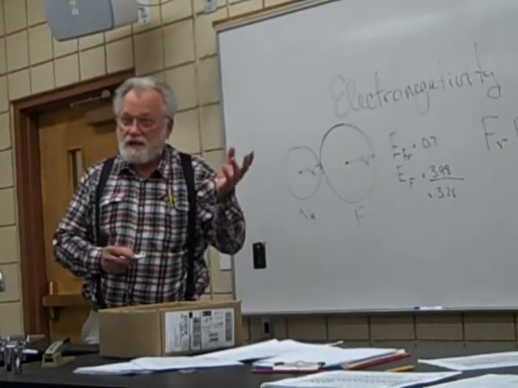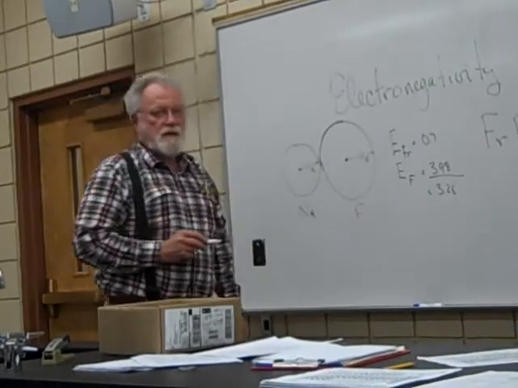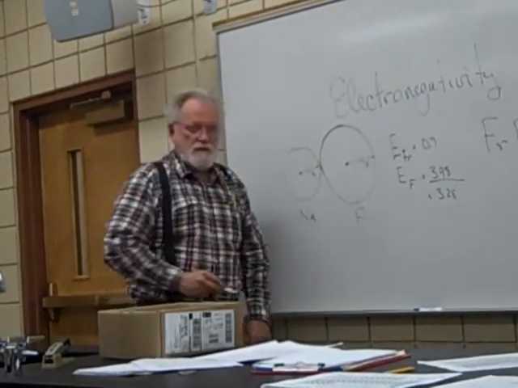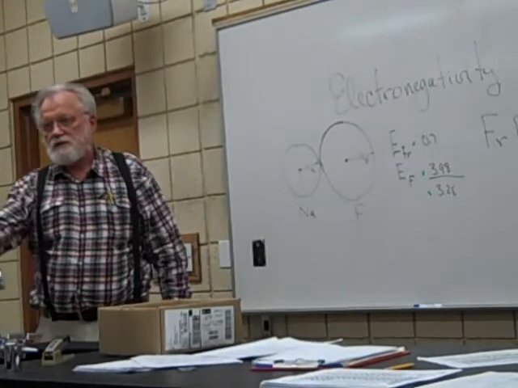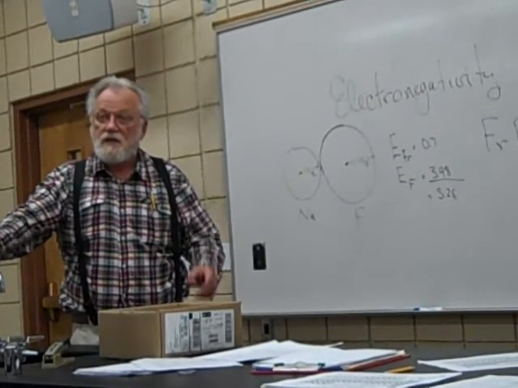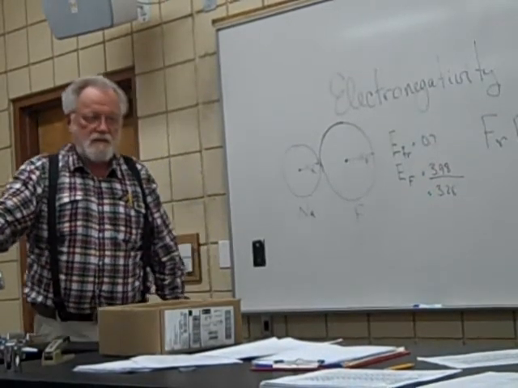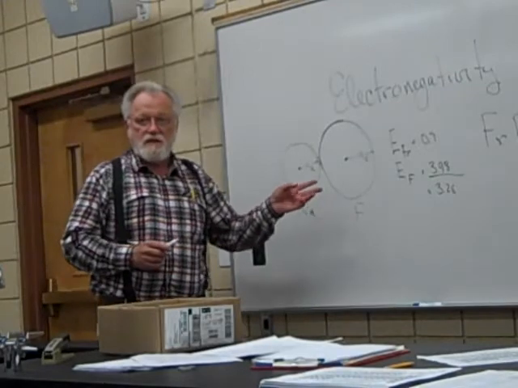That is to say, each radius. But when you have a large radius and a small radius, like a nonmetal and a metal, in the case of fluorine and sodium, now you have a chance for a large ionic radius. And the electronegativity, however, isn't as large as it could be.